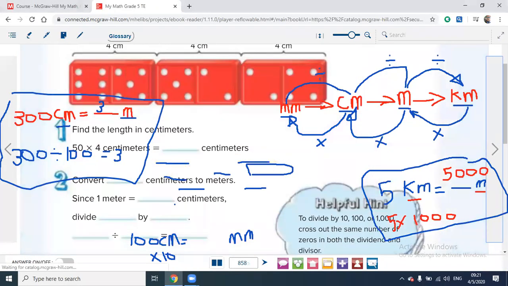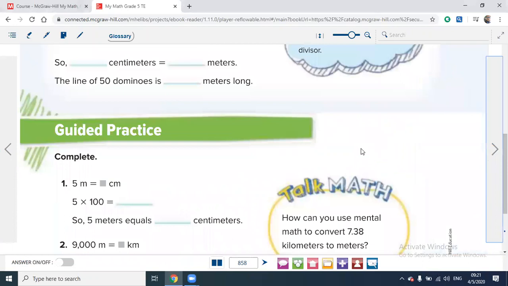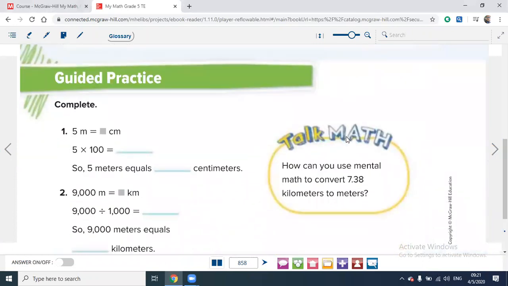Page number 858. In the guided practice, down here, I have to practice.